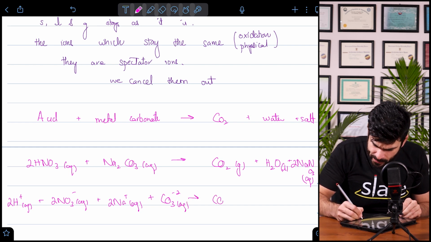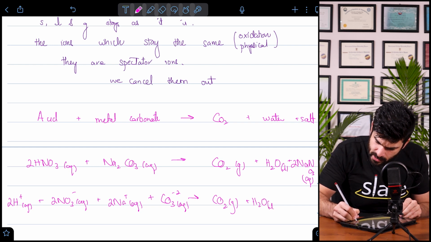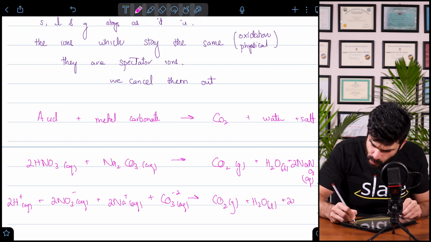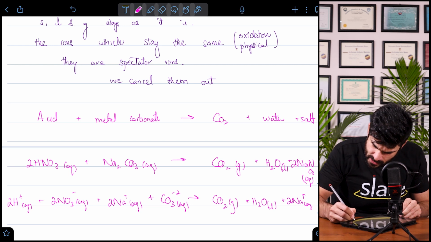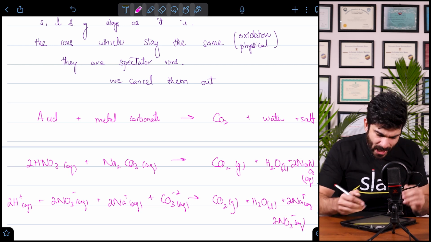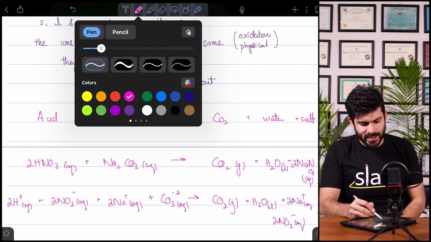And here we get carbon dioxide, which is gaseous, water, which is liquid, 2 sodium ions, which are aqueous again, and 2 nitrate ions, which are aqueous. As we said, we cannot touch the solids, liquids and gases.